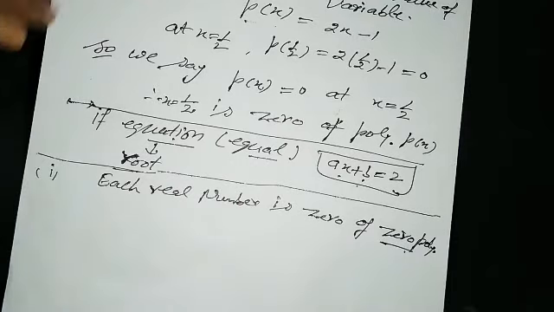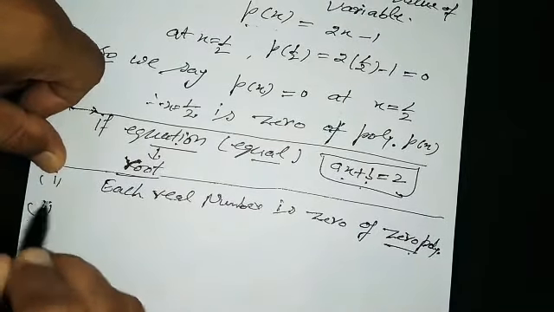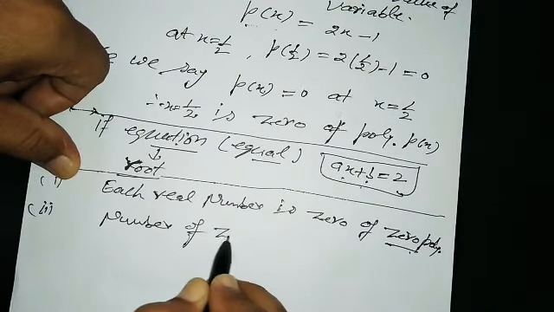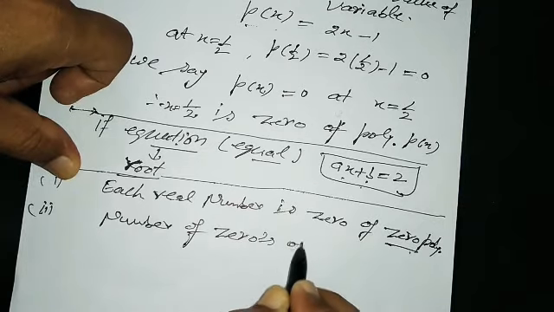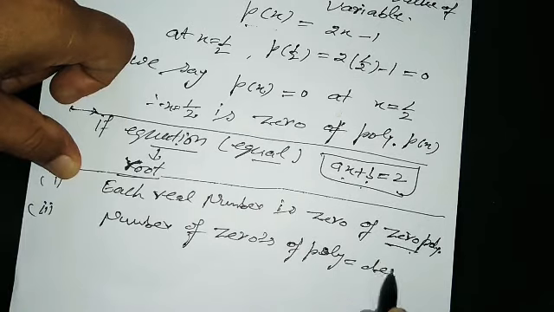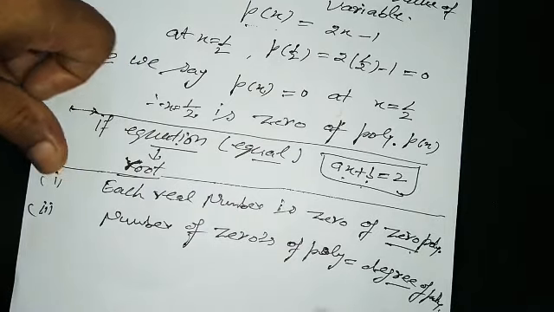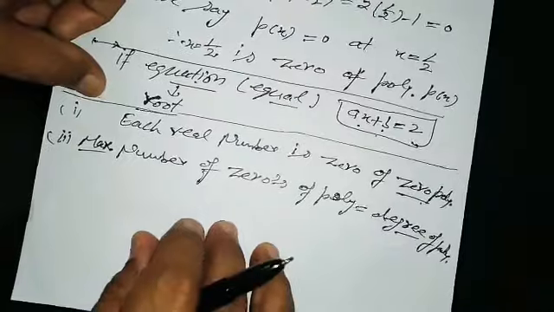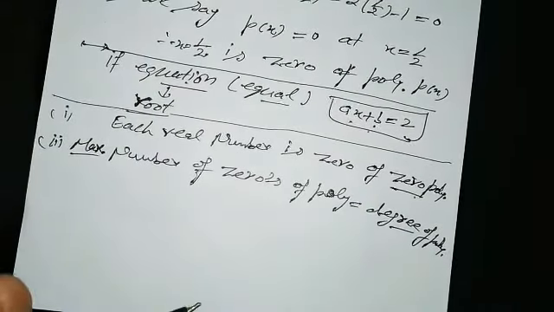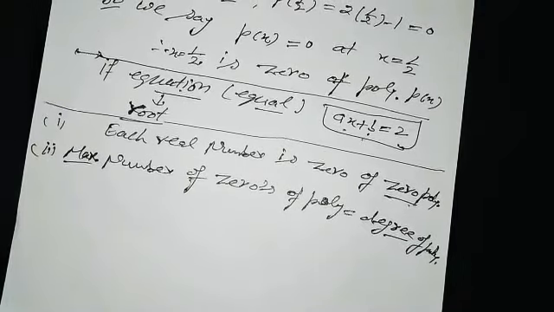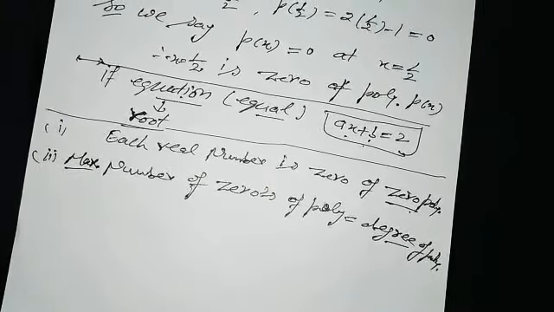So be okay with that. Second, the number of zeros of a polynomial is at most equal to the degree of the polynomial. Means I use the word maximum number. Any polynomial can have many zeros, so we are giving a criterion to find how many zeros a polynomial can have.